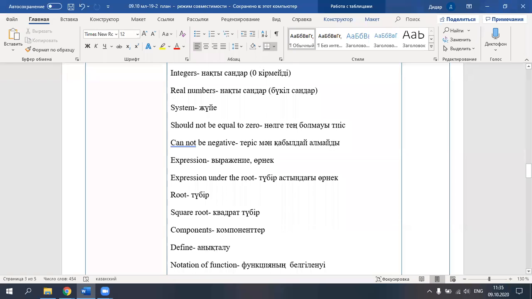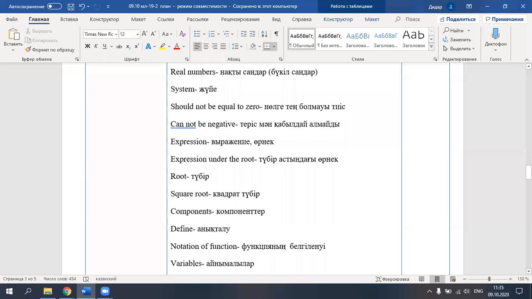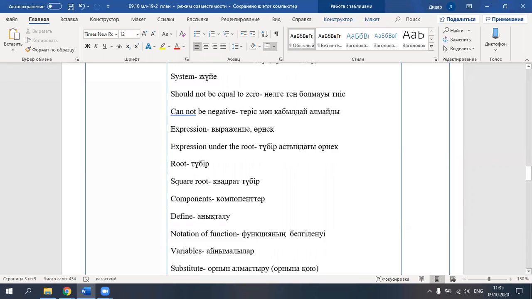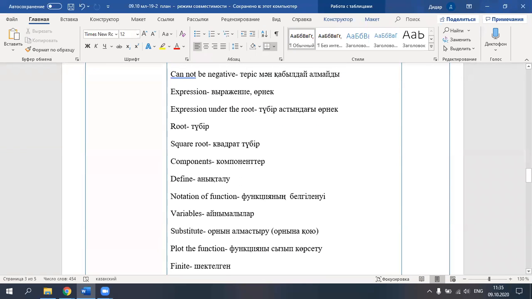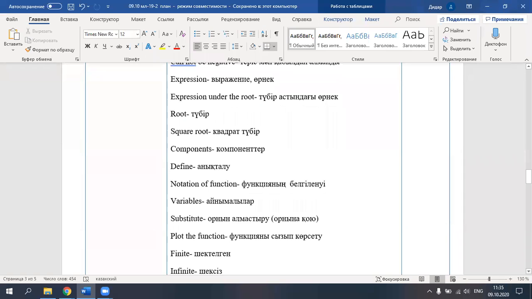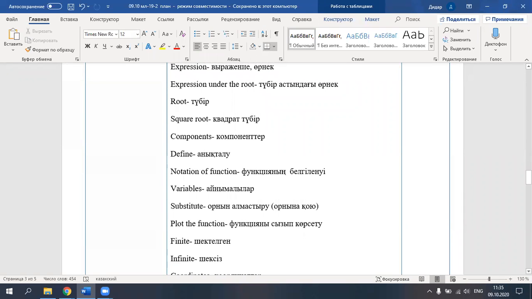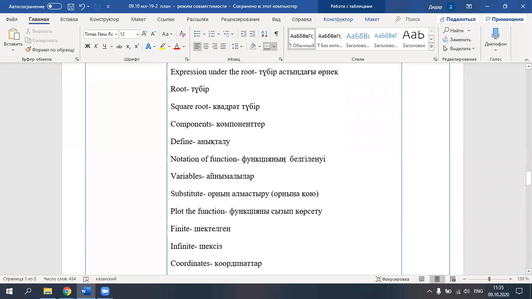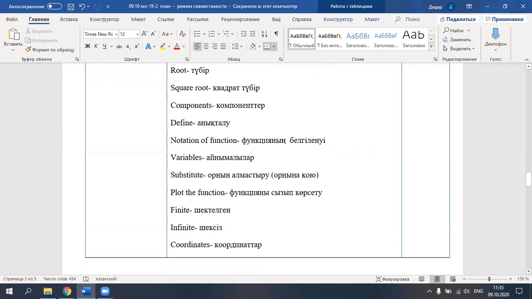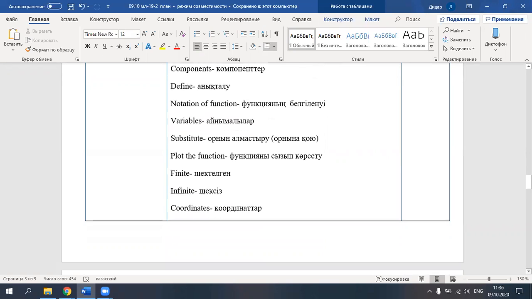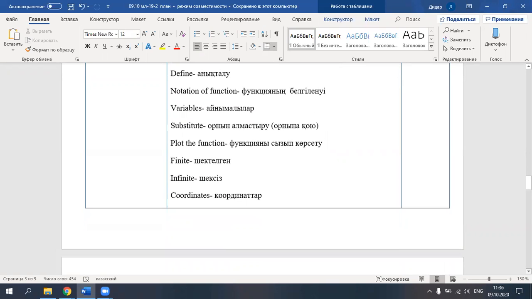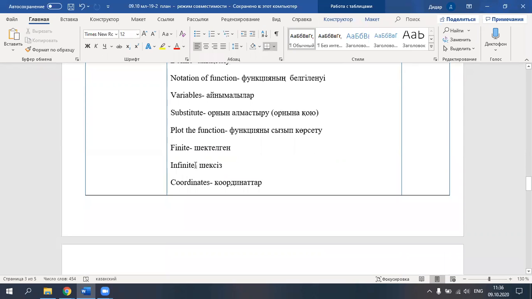Should not be equal to 0, cannot be negative, expression under the root, root, square root, components, define, notation of function, variables, substitute, plot the function, finite, infinite, coordinates. Жауабын айтқанда, negative infinity деп айтамыз, шексіздік существительный болып кетеді. Олай түсіндіреміз.